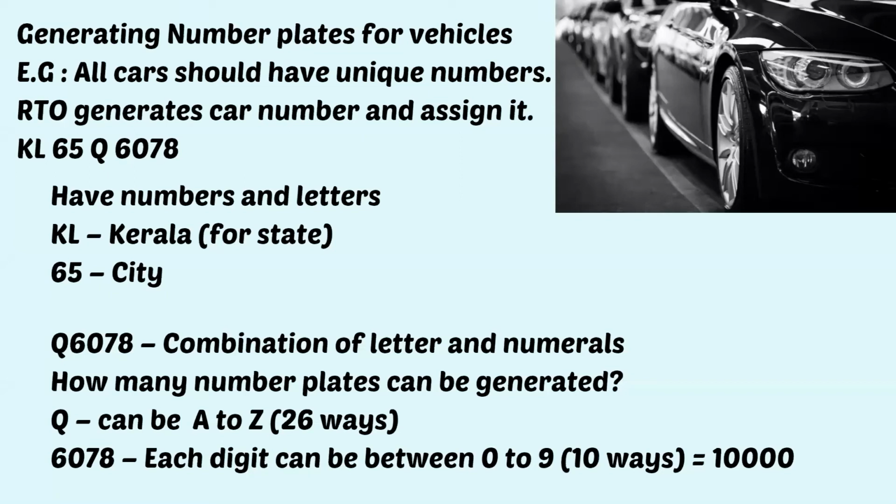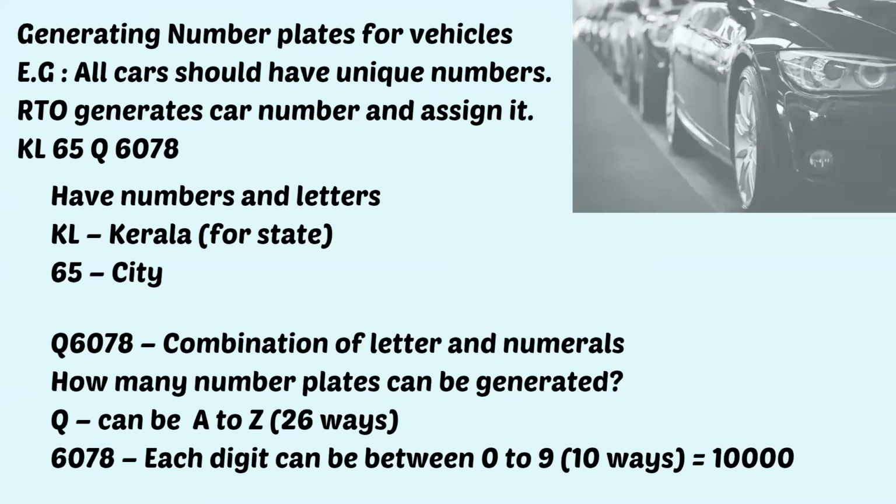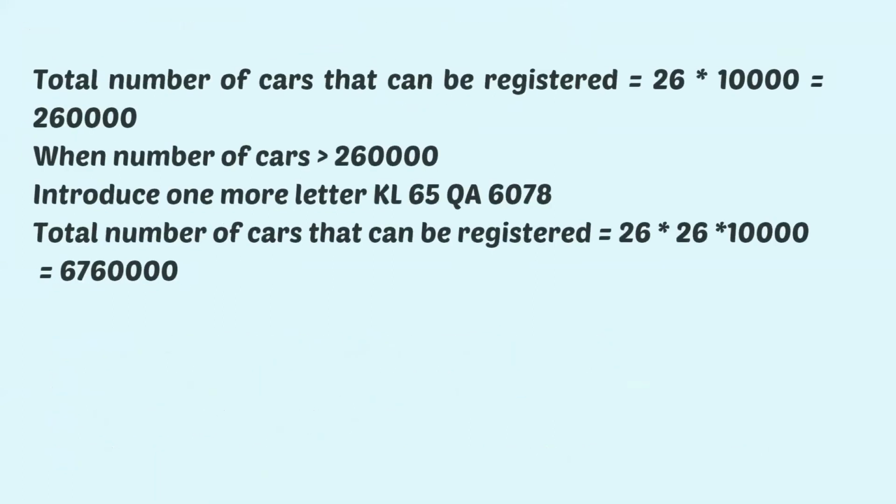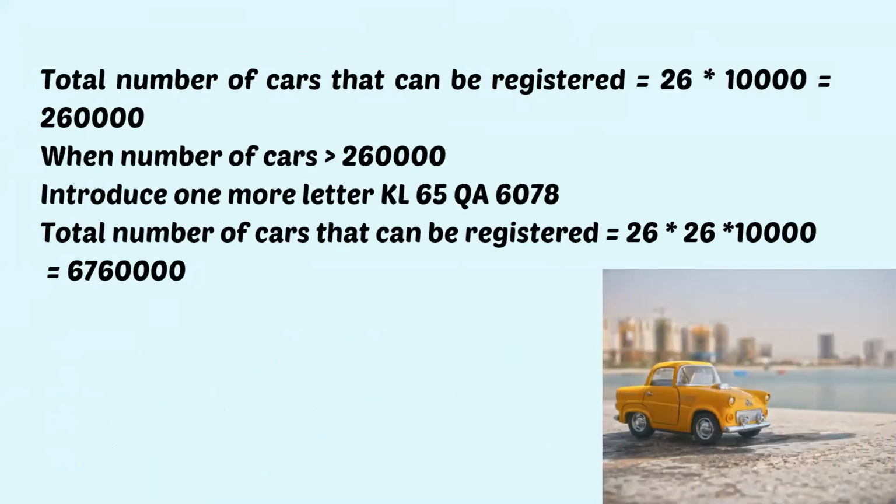So there are 26 ways for the Q. Then for 6078, each digit can be any number from 0 to 9, so that is 10 ways each. All those four tens make 10,000, and for the Q we have 26 ways. So the total number of number plates that can be generated with this combination is 2,60,000.